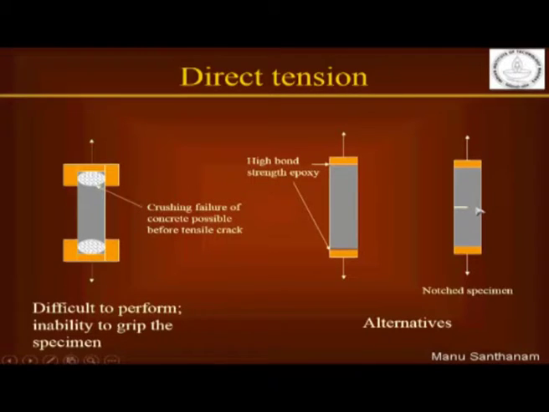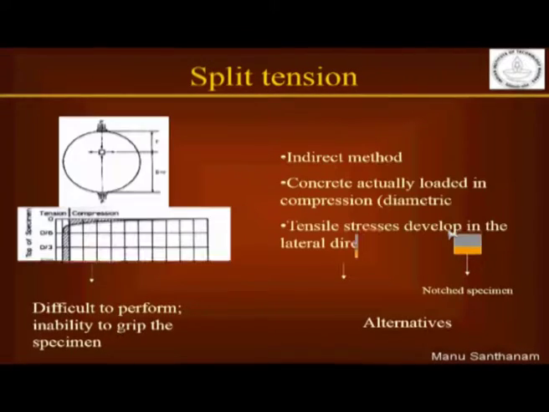So that will help you determine the loading without actually failing the concrete at the top and bottom. These are alternatives that are possible, but please remember, tensile testing of concrete is a very difficult thing to set up. It is not easy to understand how to do this experiment, because designing grips for holding concrete in tension could be quite tricky. So because of this, we have alternative test methods that we typically use.